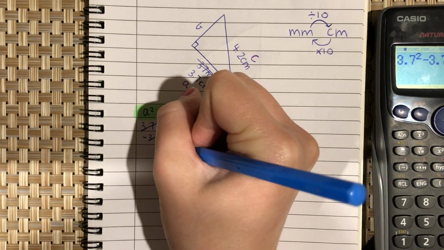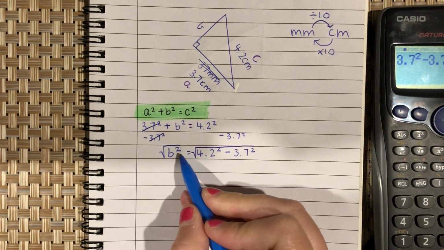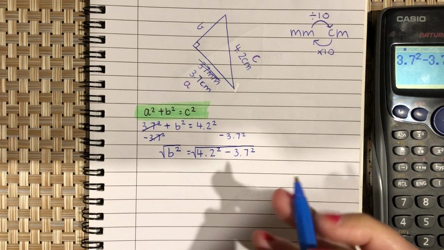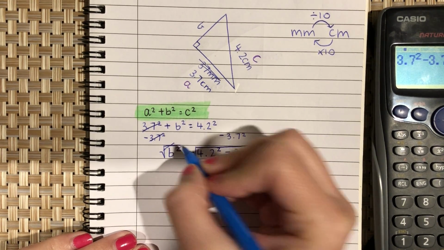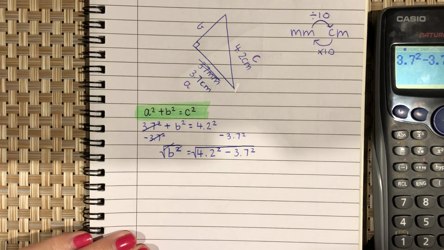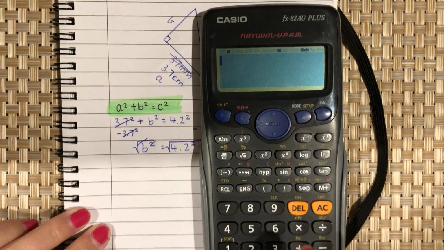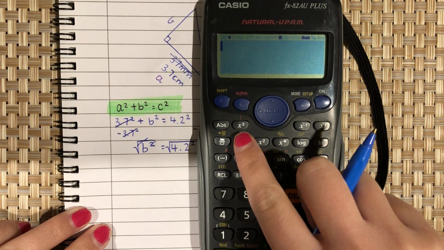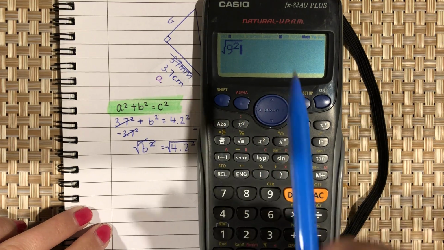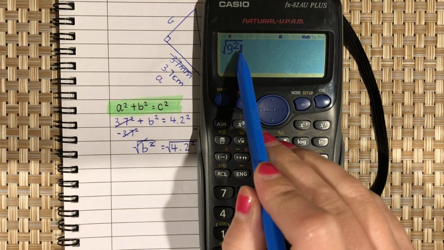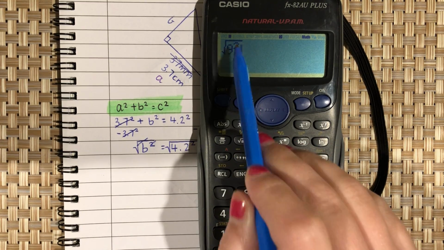So we'll square root both sides of the equation, so both sides of the equal sign, and then this squared cancels out with that square root. Okay, and I'll actually show you that as well. Let's just think of a random number. What about 9? If I do square root 9 squared on my calculator, so see how I've got the squared on the number and then I've also got the square root?